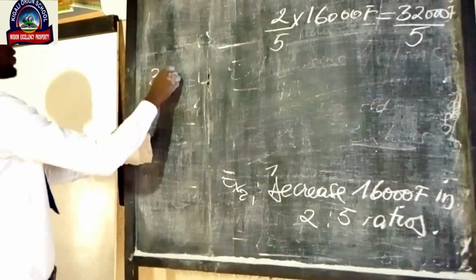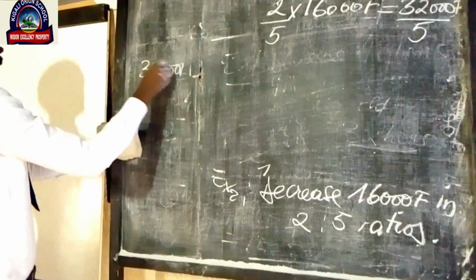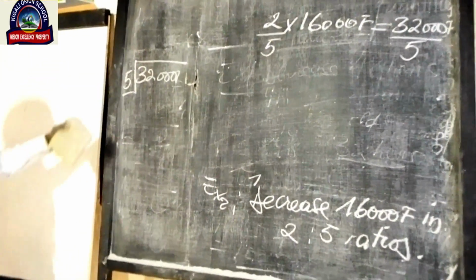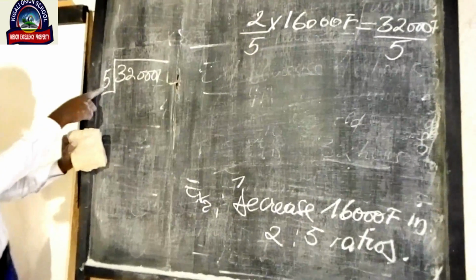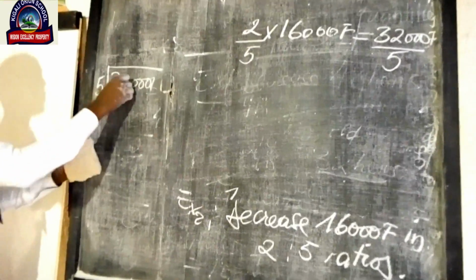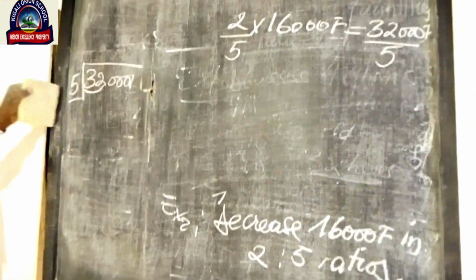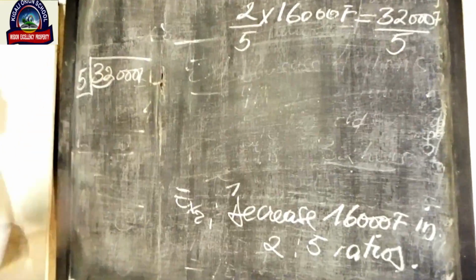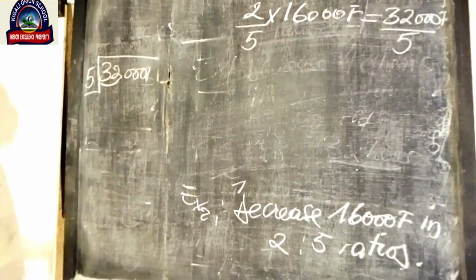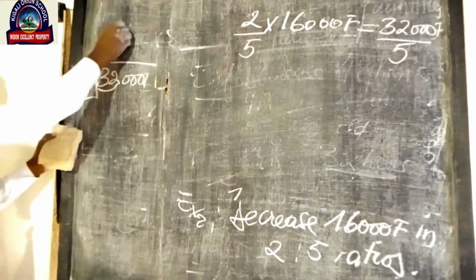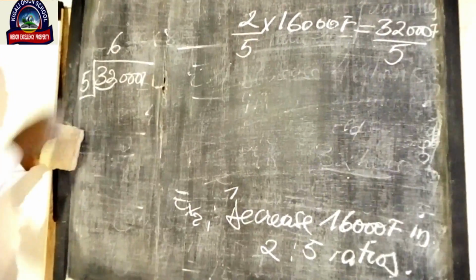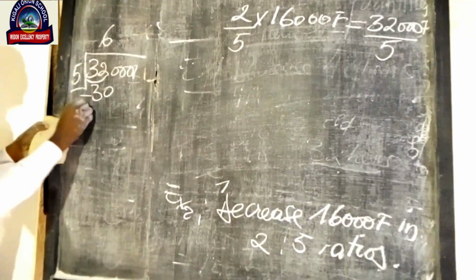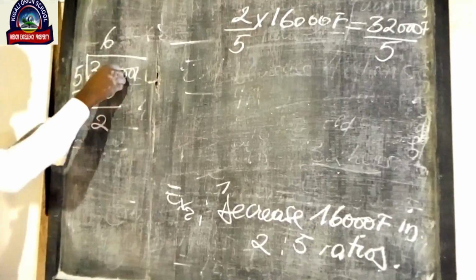32,000 francs divided by 5. There 3 is less than 5, so I take two numbers. 32 divided by 5. Which number can I put here up? When I multiply it by 5, I get 32 or near 32. There I put 6. 6 times 5, I get 30. Subtract, I remain with 2. I bring down 0.